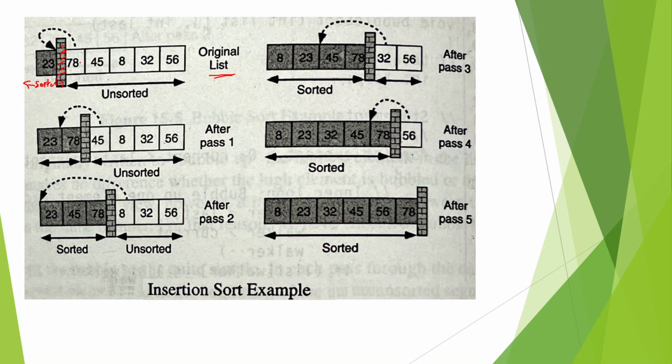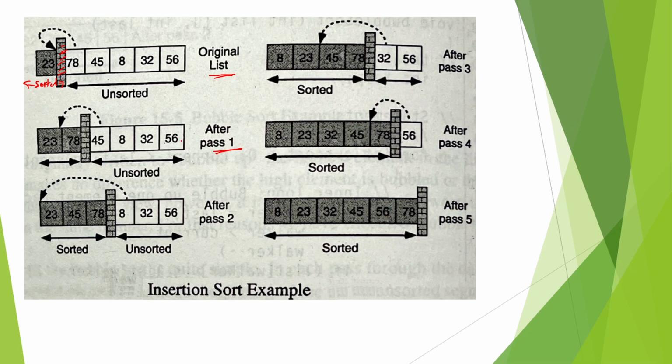So we have to place this 78 after the 23. That is what we have done over here. So after sort pass 1, we picked 78 and placed it after 23, and your imaginary wall, as you can see, automatically moved one item ahead. So now your unsorted list has one element less, and your sorted list has one item added. Hope you understood this technique.